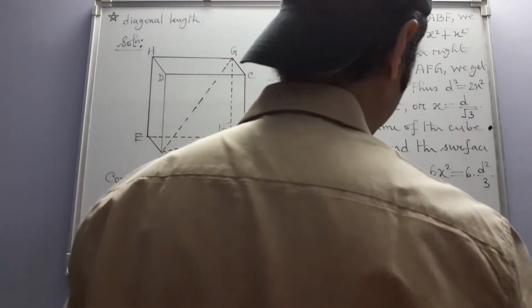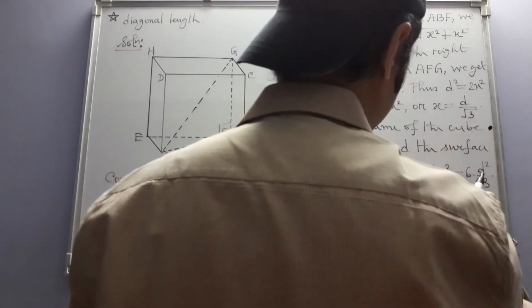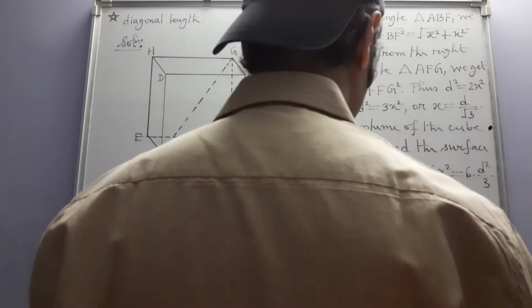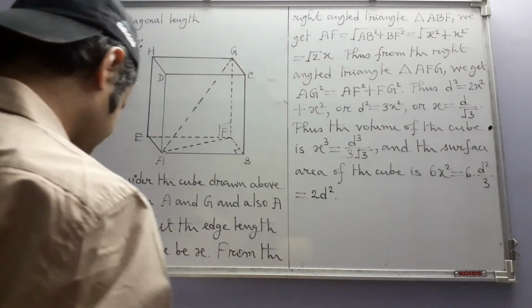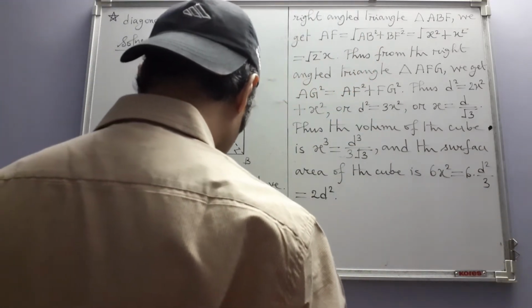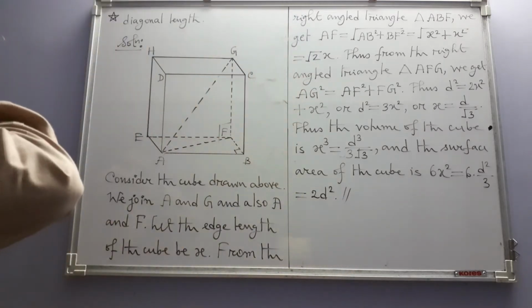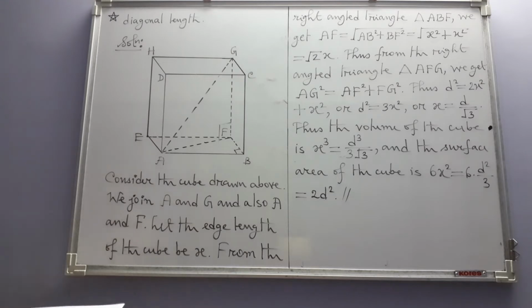This one is okay. When we square this, we of course get d square divided by 3, and it's 6 times that, so 2d square, yes. Next, there is another one.